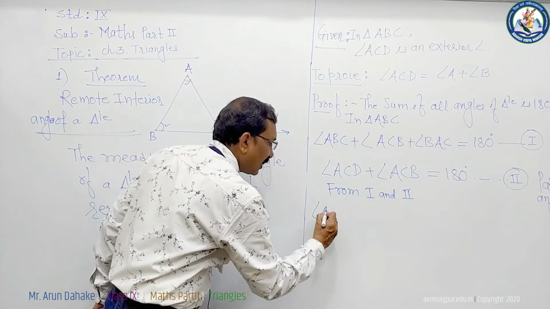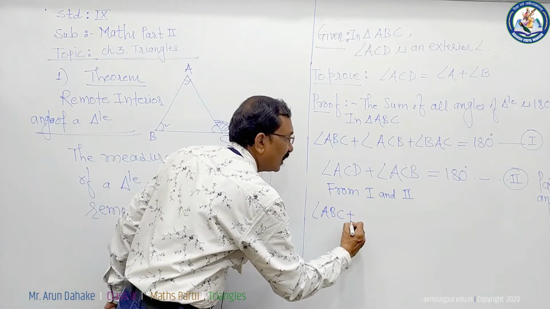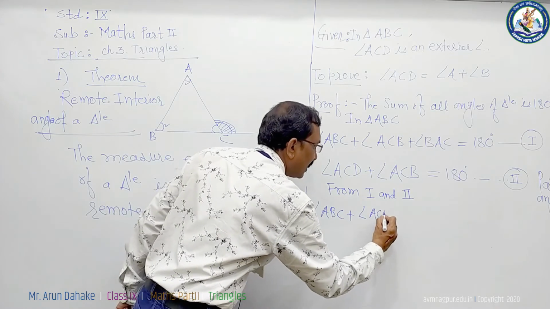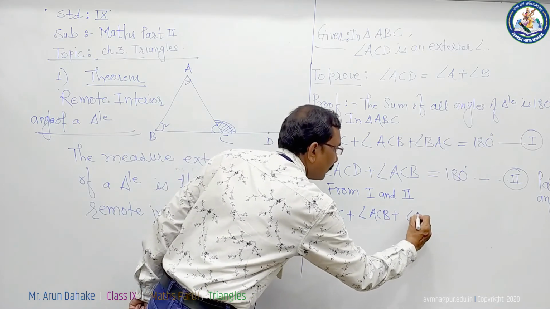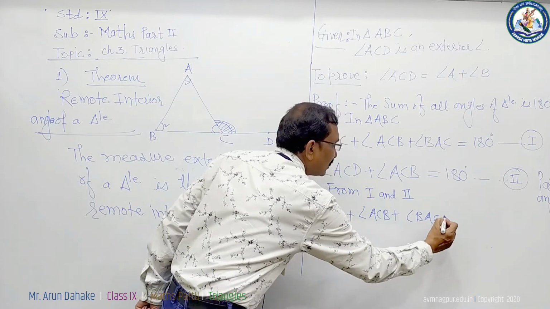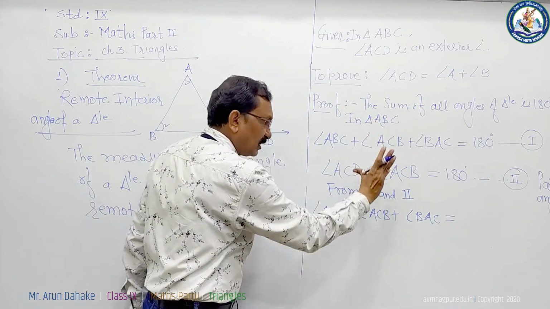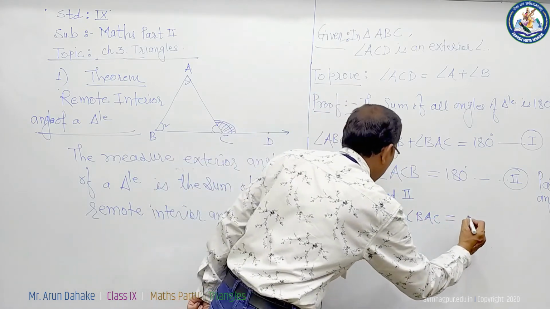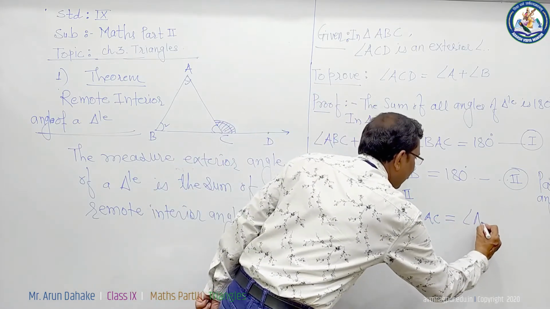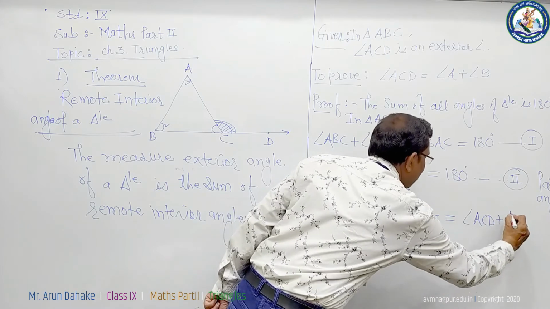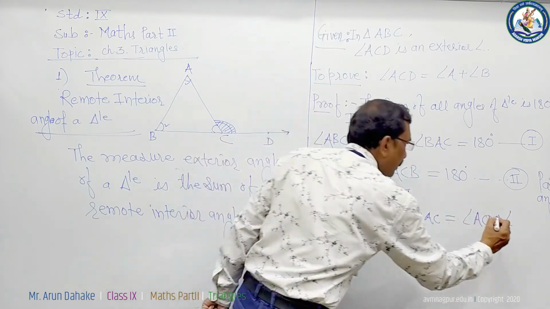So angle ABC plus angle ACB plus angle BAC, the left hand side of equation number 1, is equal to angle ACD plus angle ACB.